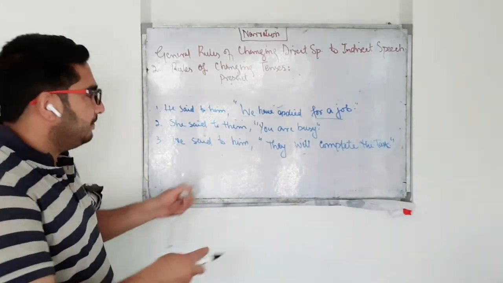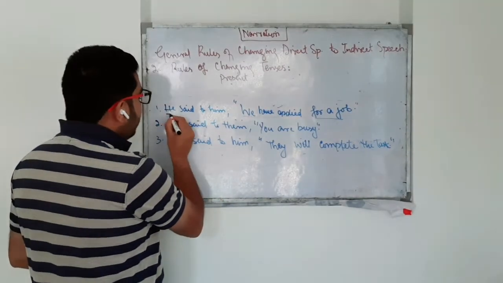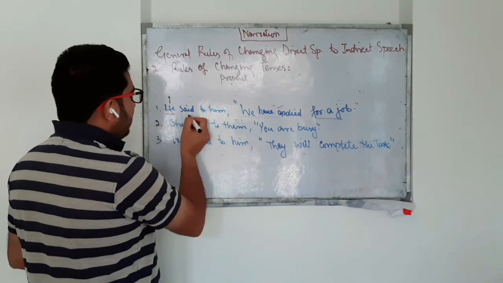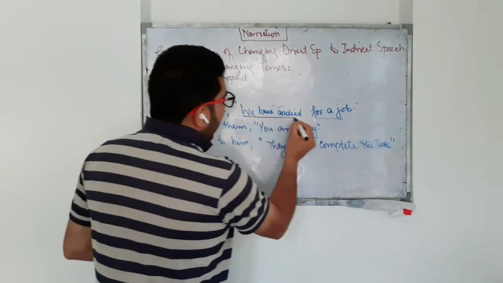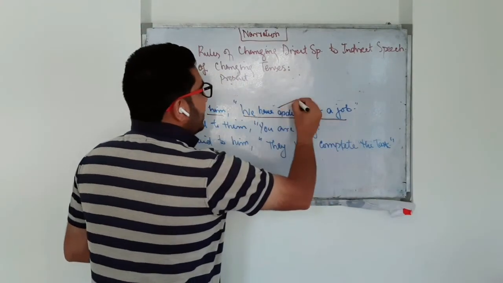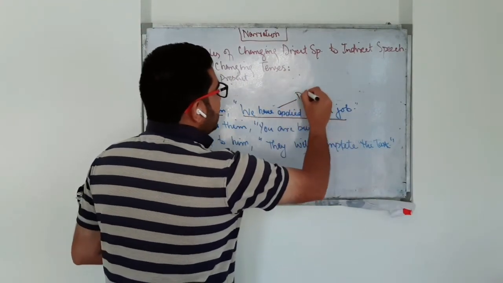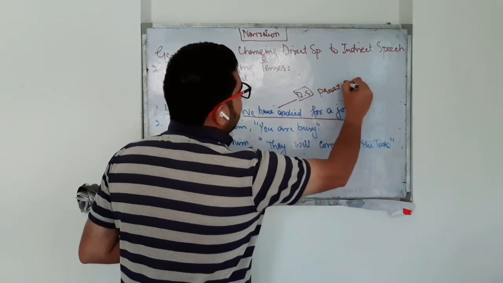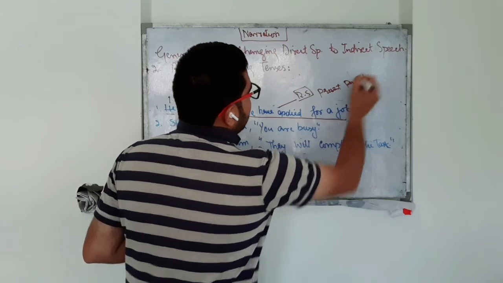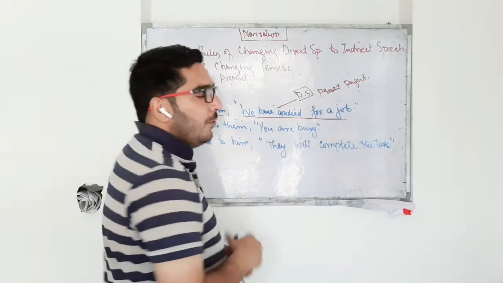See, the first one. He said to him, this is the subject, reporting verb and object. And here we have this sentence, the reported speech, that is written in present perfect tense: we have applied for a job.